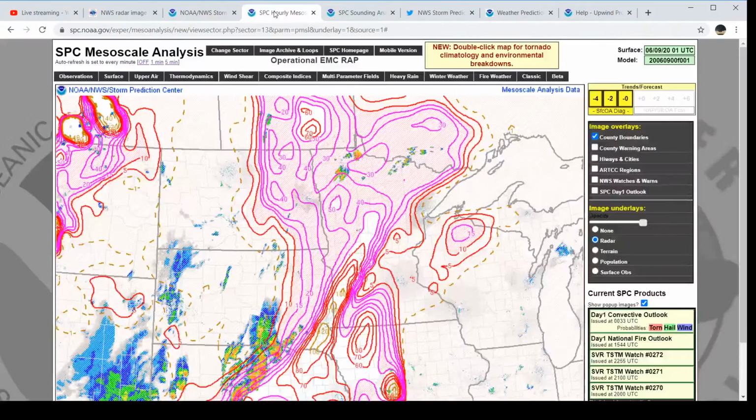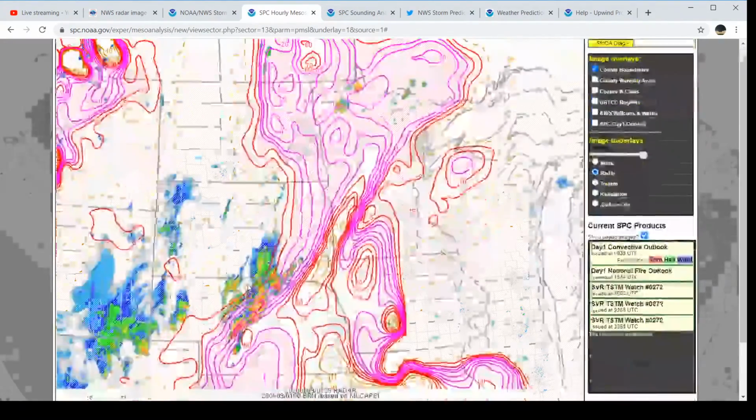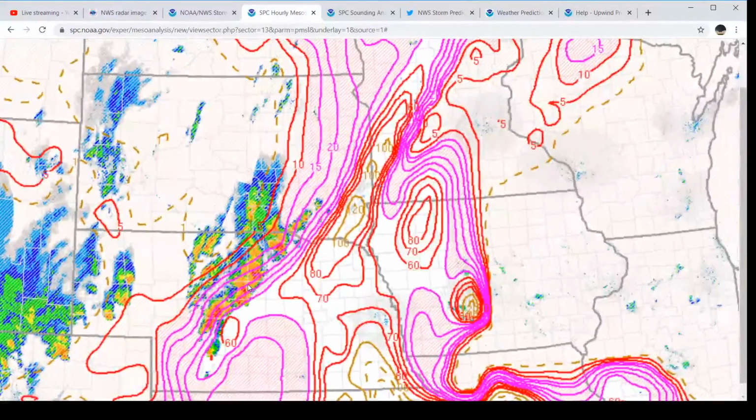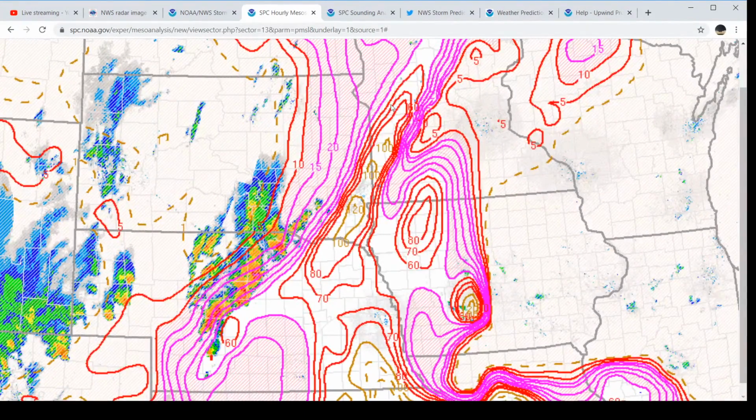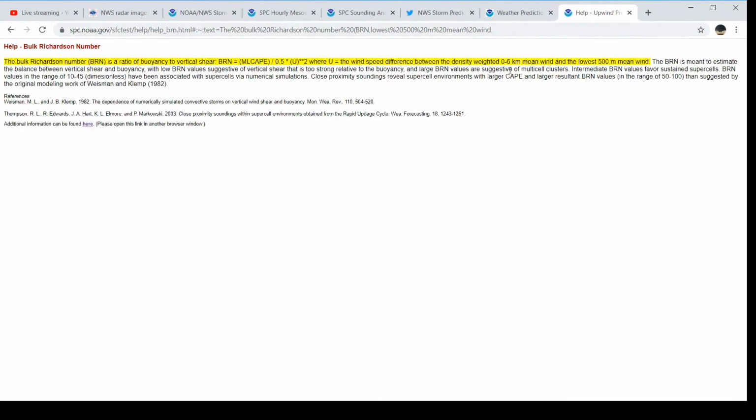So let's have a look. As we can see, we got fairly low numbers, about a 20. So keep that in mind. We're going to count that as a 20. Intermediate BRN values favor sustainable supercells. BRN values in the range of 10 to 45 have been associated with supercells by numerical simulation. So anything between 10 to 45.